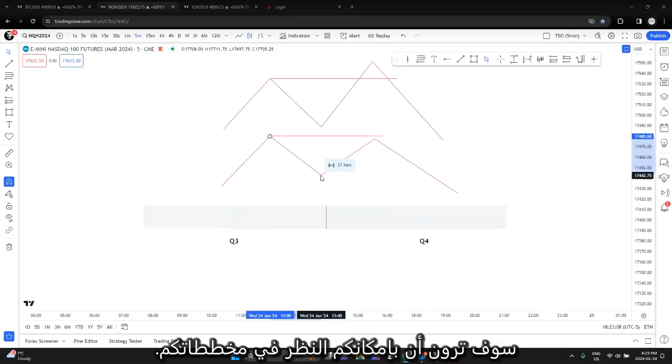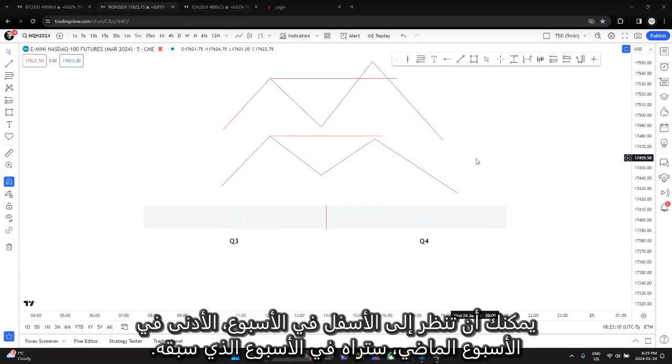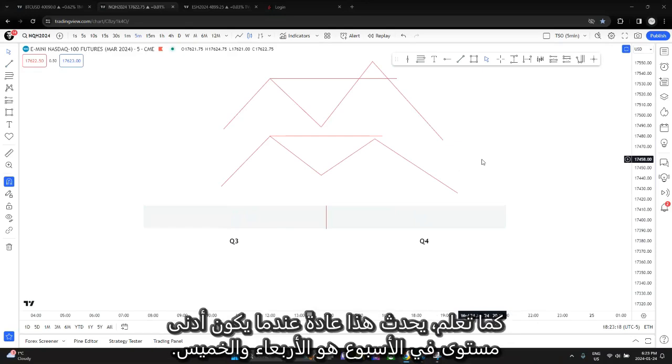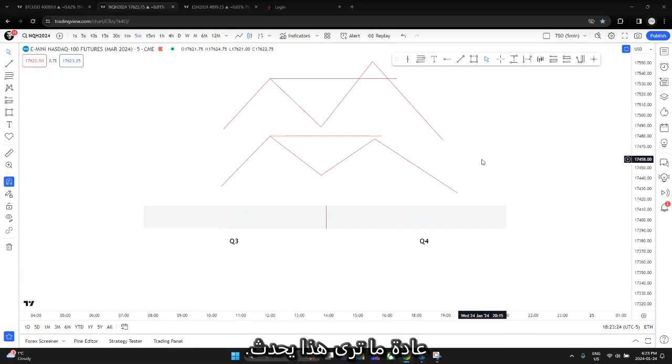You can look in your charts at the low and the high of the week, the low of the week last week, and you'll see it the week before. What usually happens whenever the low of the week is Wednesday and Thursday, you usually see this happen, right? So this is very powerful.